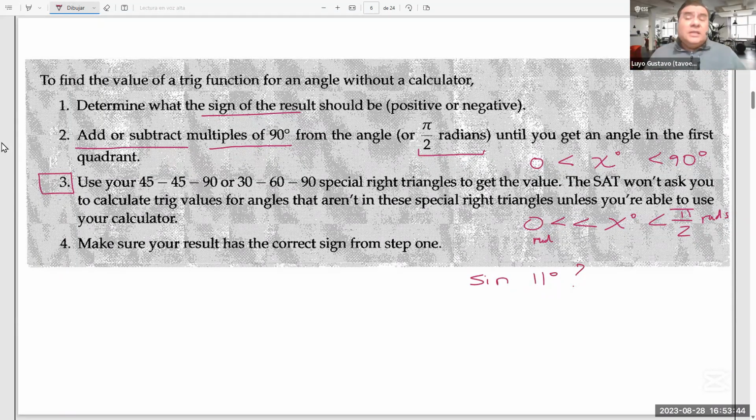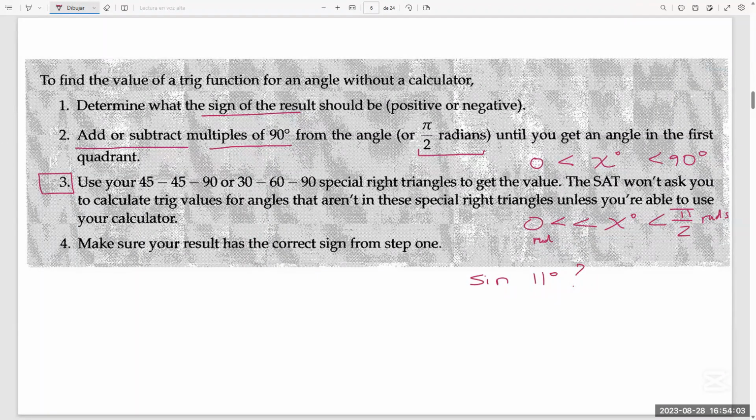Actually, you know that in the new digital SAT, you are allowed to use the embedded, built-in calculator in the application, the Bluebook. This is the application you will use to take the exam. Now let's see the last step: make sure your result has the correct sign from step 1.